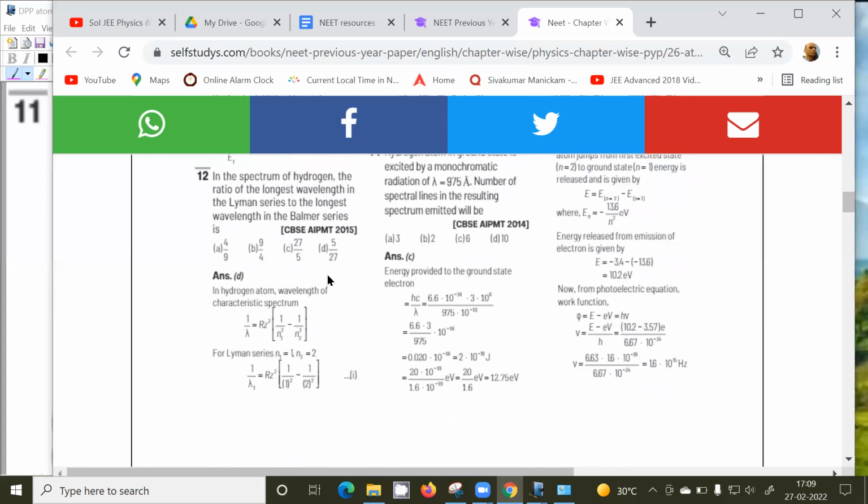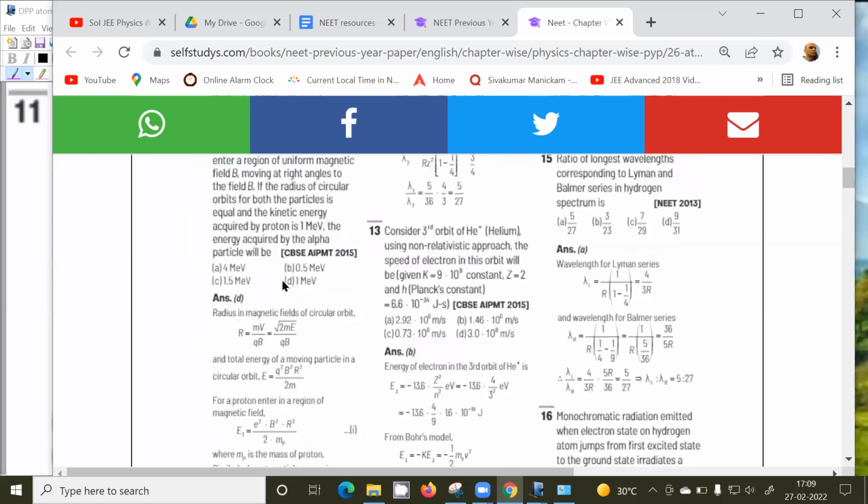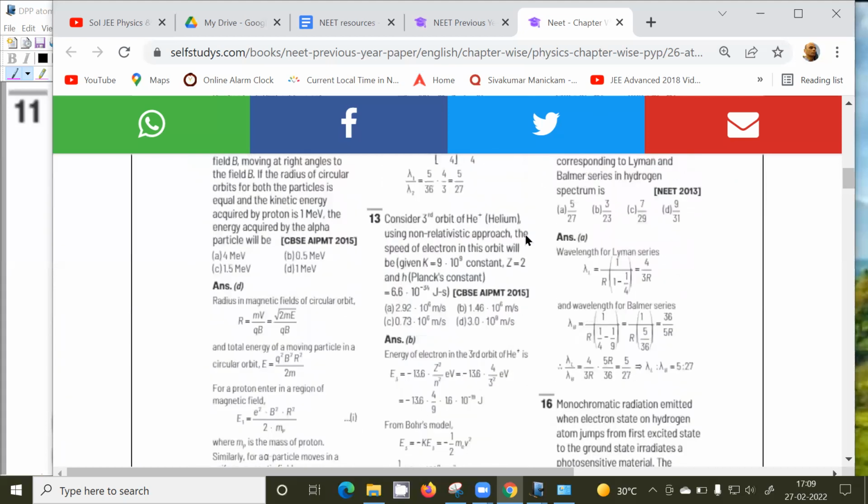Yeah, it's correct. This one: consider third orbit of helium using non-relativistic approach. The speed of the electron in this orbit will be: v is equal to that value.